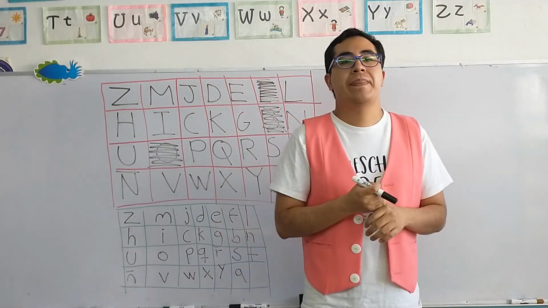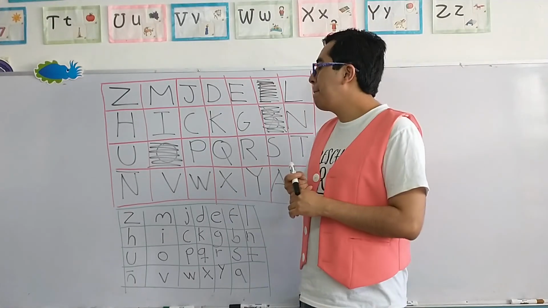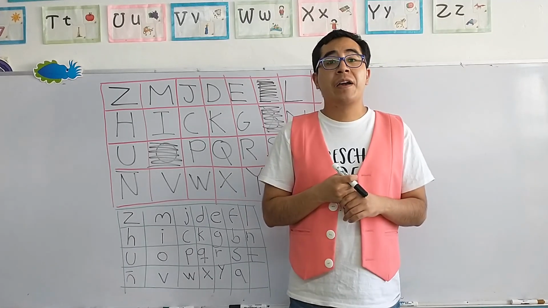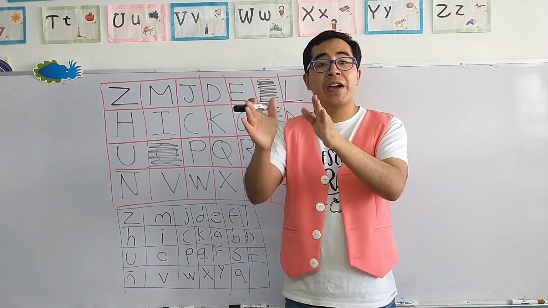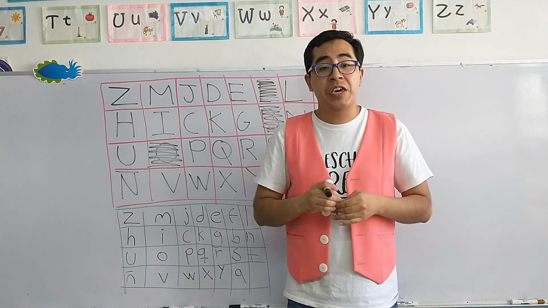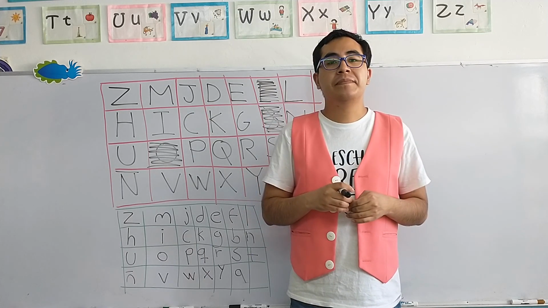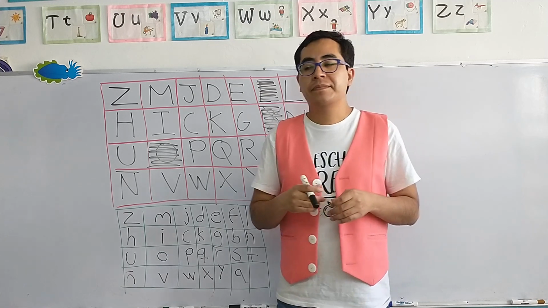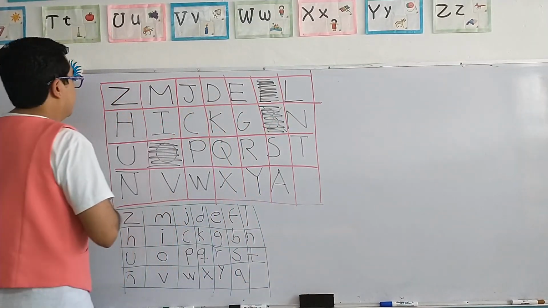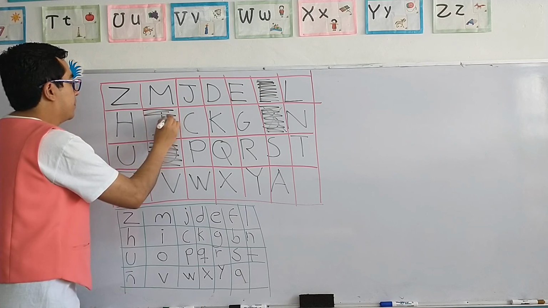Next letter. Capital I of igloo, of ice cream, of ice cube. Right here.